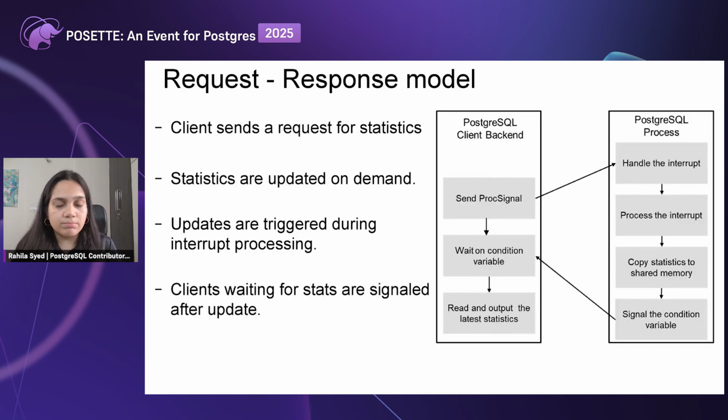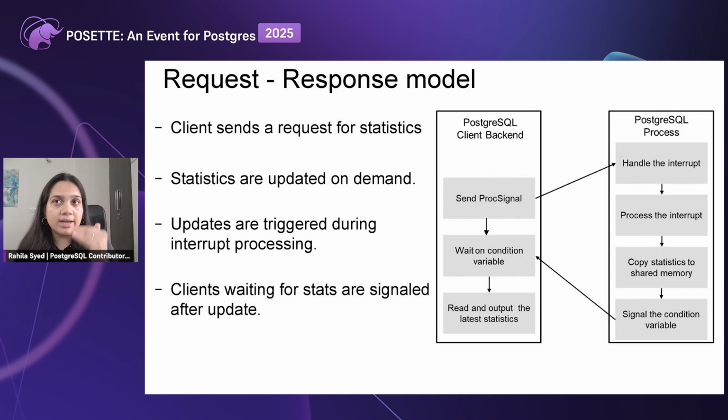Now let's look at the overall architecture. So here, essentially, these are on-demand statistics. A client backend which is wanting to query memory consumption statistics of a process sends a signal to that process. That process then handles the signal in the form of an interrupt handler.